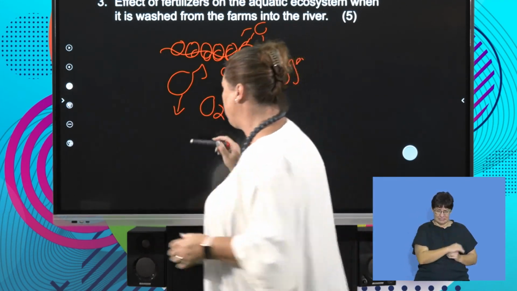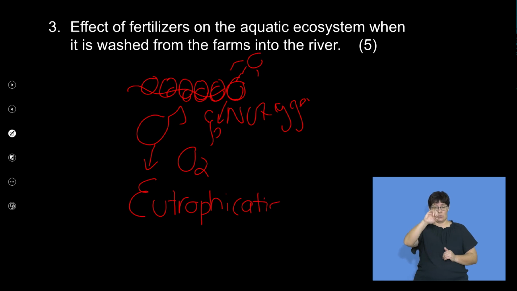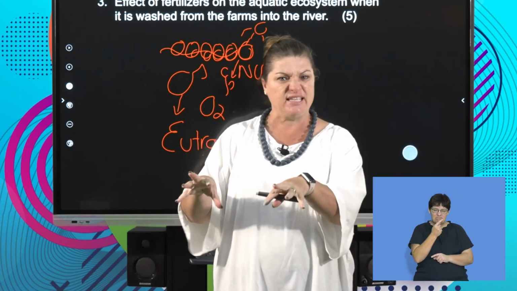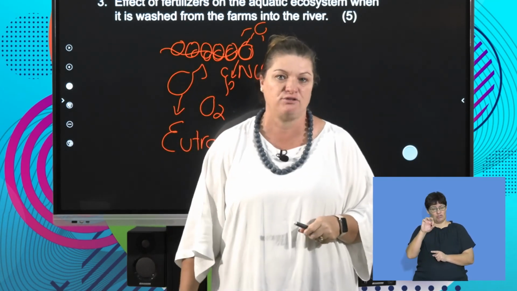And this is the word you must know. It's called eutrophication. And that is why we want to try and use healthier things like worm feces as a fertilizer rather than the nitrogen.